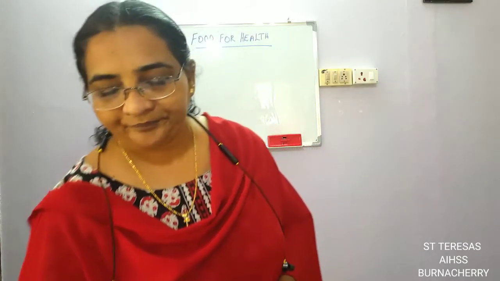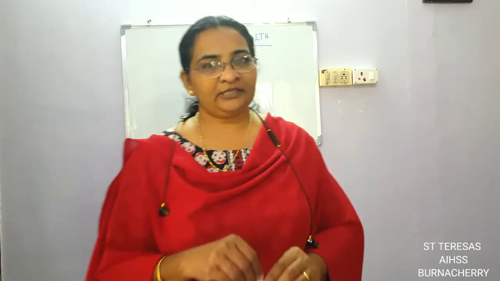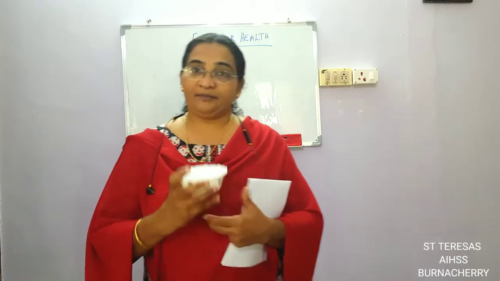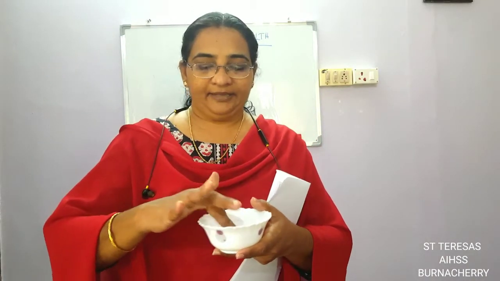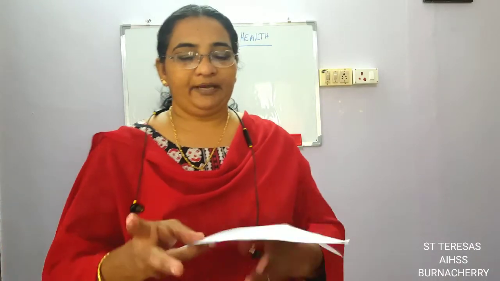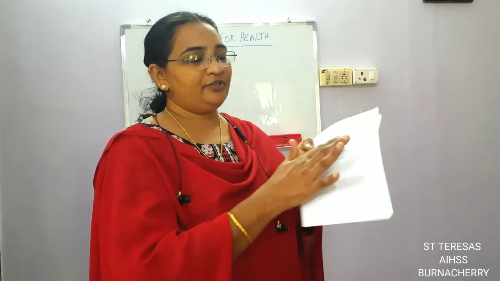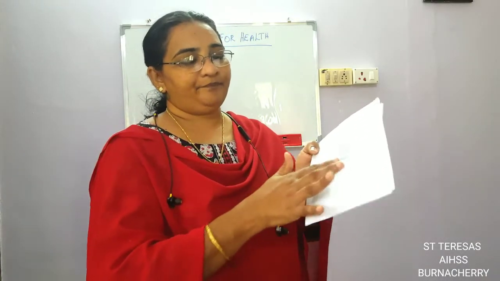For that, I am going to show you a small example. That is, how do you know fat if there is fat? So for that, I am taking oil. I have taken oil in a cup and I am dipping my finger in this and I am applying a little bit of oil on a piece of white paper. Okay.